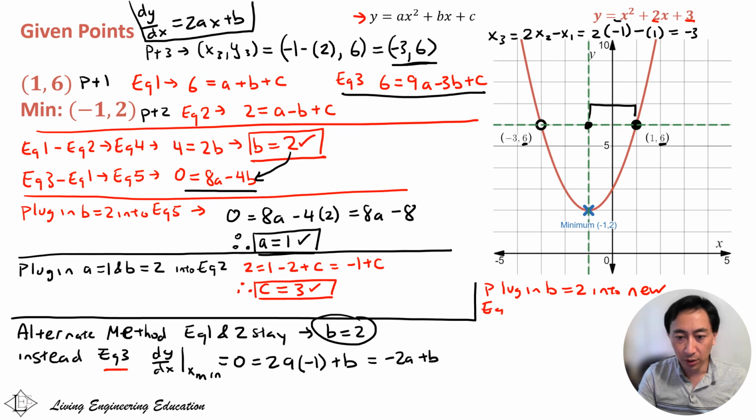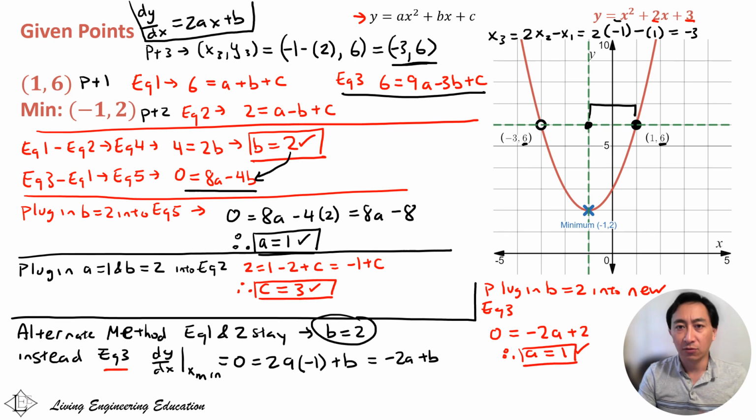That gives me 0 is equal to negative 2a plus 2. And so this gives me a is equal to 1. So that checks off. After this, it's the same method. Once we have a and b, we can plug into equations 1 or 2. So you can see that both methods work.